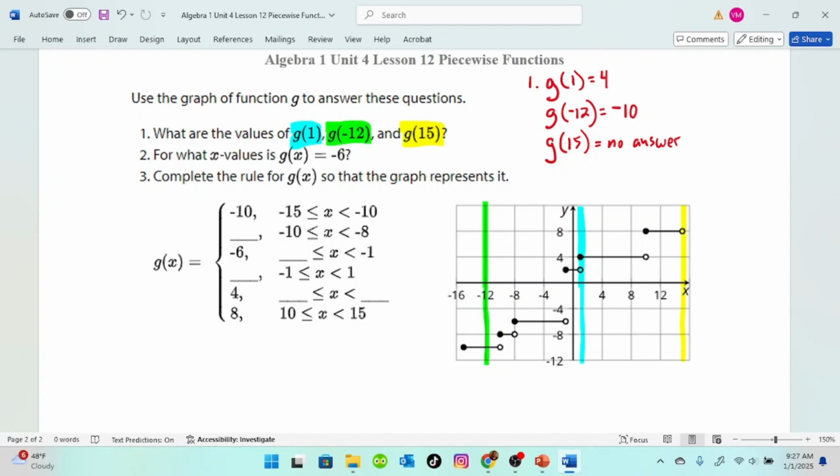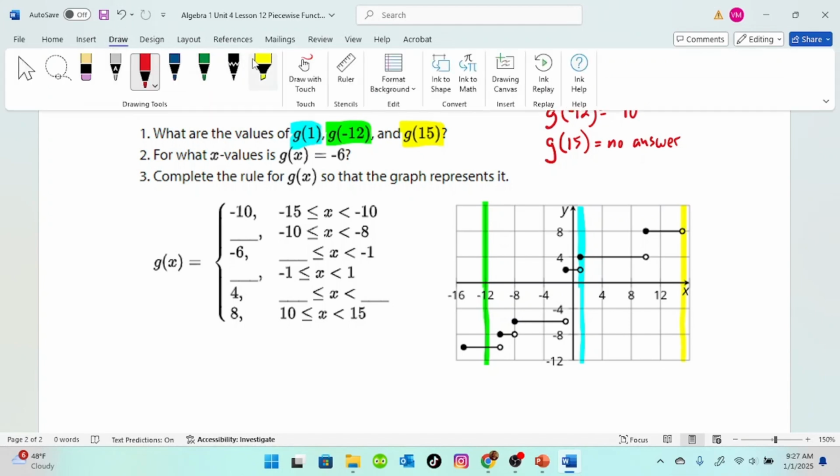Next, number 2. For what x values is g of x equal to negative 6? Remember, the number that it equals is the y value.